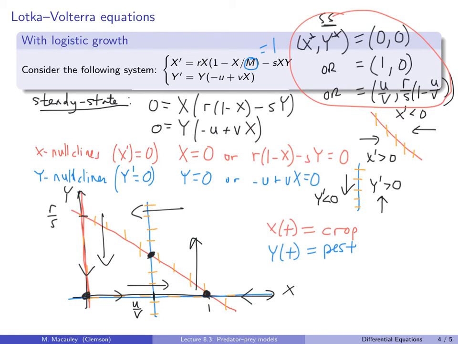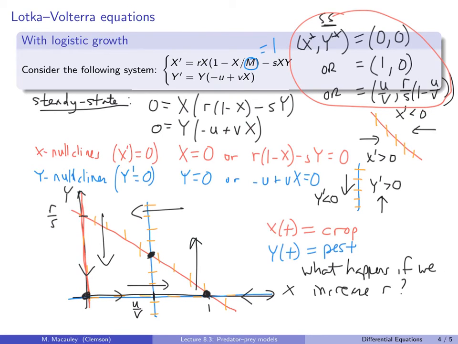However, what happens if you do that? Let me write that out. What happens if we increase r and nothing else? So we have a better crop. Well, in this phase space, this blue line, the y nullcline, has nothing to do with r. The only way that r appears is up here, in this y-intercept.